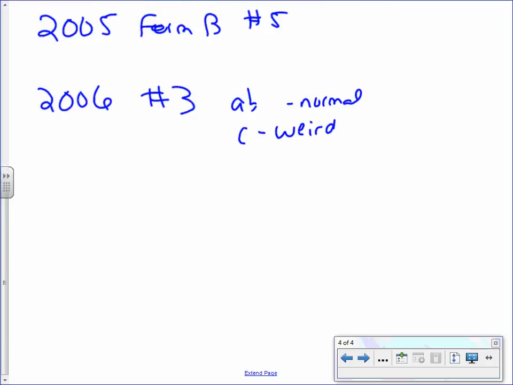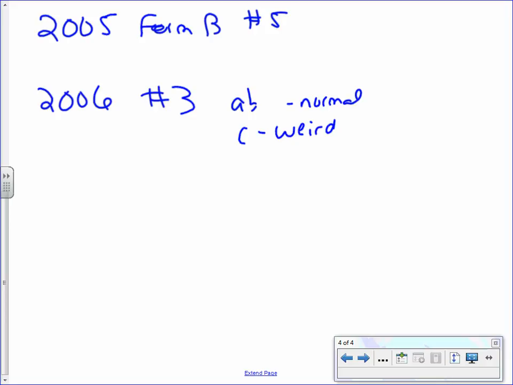So look at Form B, and let's see if we find the one on Form B. I want you to mark them and recognize, I want them written down somewhere that these are all graph of F prime problems. Does everybody understand? Okay, look at 2006 Form B, which one is it?